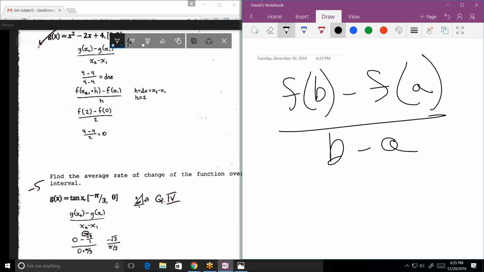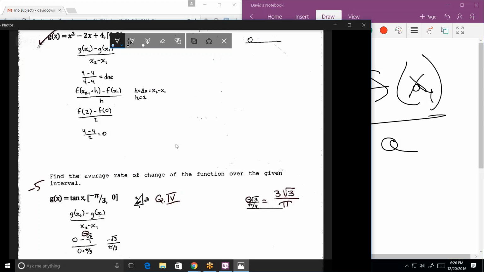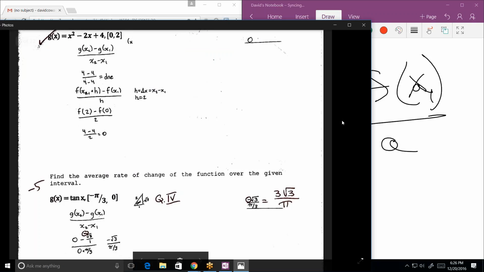The problem is what is f of x sub 2 and what is f of x sub 1? Okay, now it's not covered up.